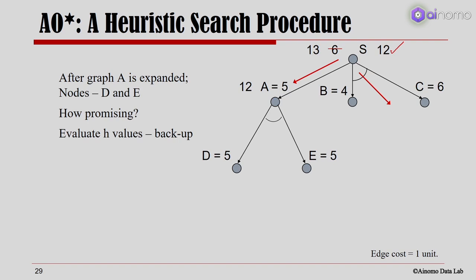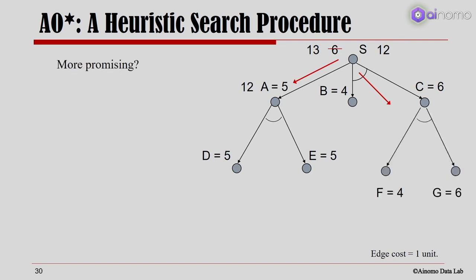So, let us say we then expand node C and get to 2 nodes F and G. The node F has a value of 4 and G has a value of 6. Once again, we will try to get to the estimate of 6 revised vis-a-vis the new values that I have for F and G. So, that would be 4 plus 6, 10 plus 2 because of the connector here, that would make it 12.